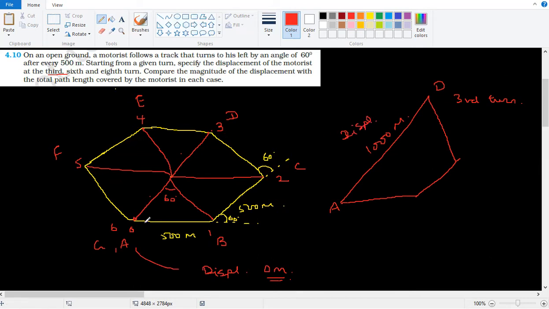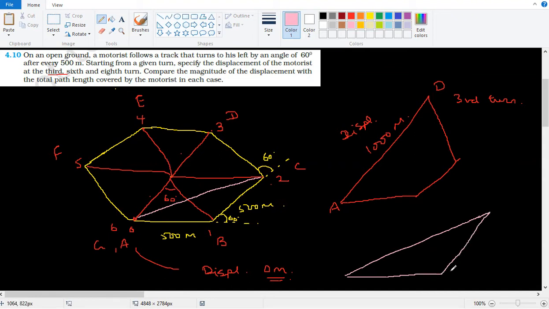The eighth turn means this is 6th, 7th and 8th. So he's going to keep going around again and again. So that means this will be your 8th turn, and this will be the displacement. Which means if I redraw this diagram, 500 meters here, then 500 meters here.